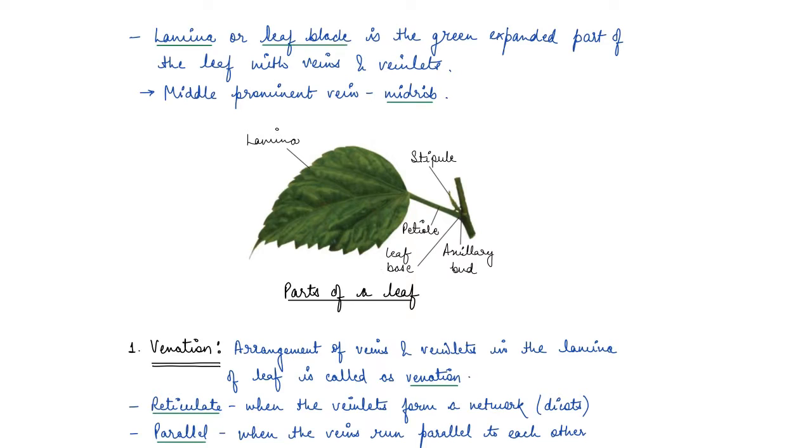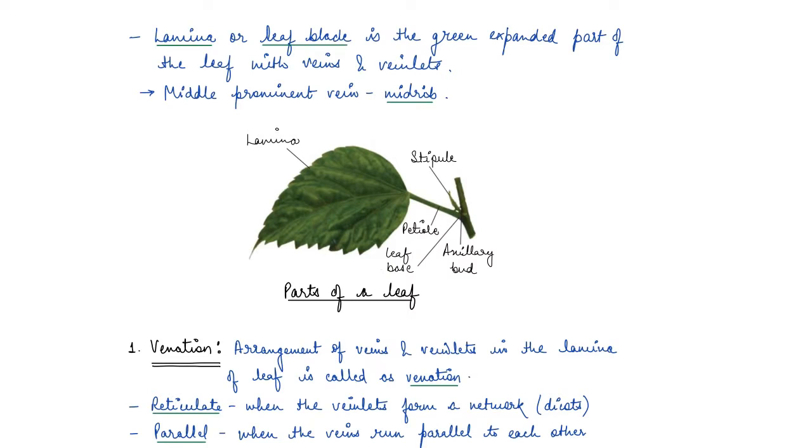And then it also acts as a channel of transport for water, minerals and food materials, right? Now the shape, margin or surface varies in different leaves.